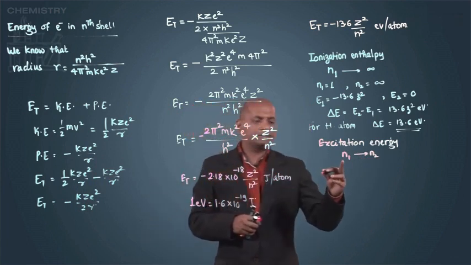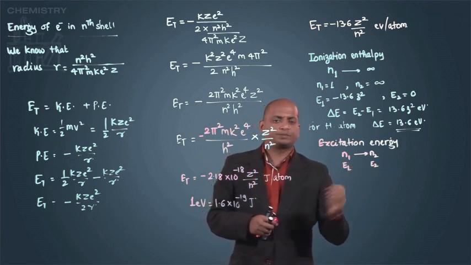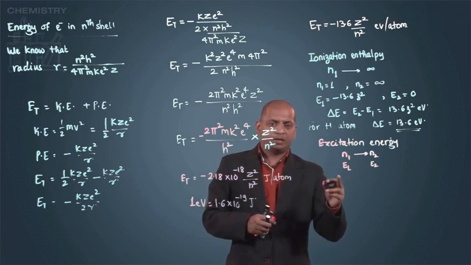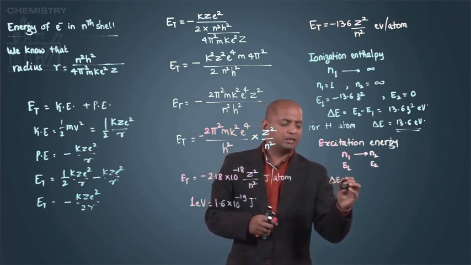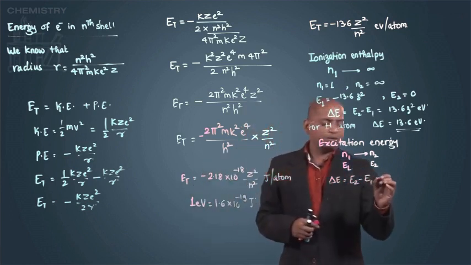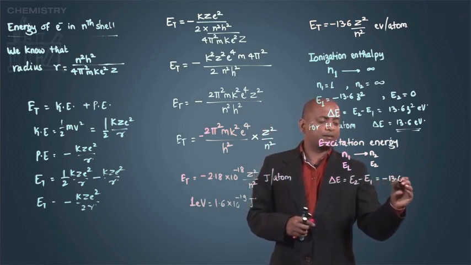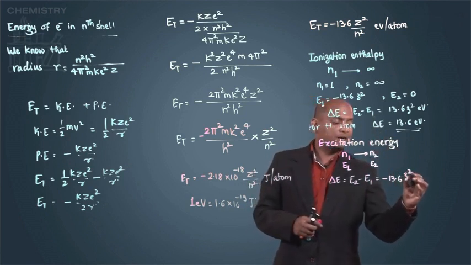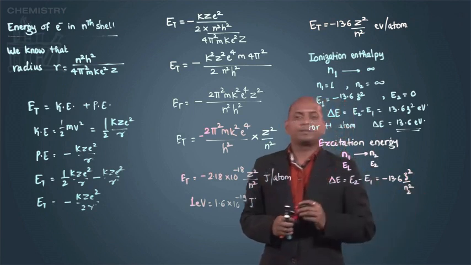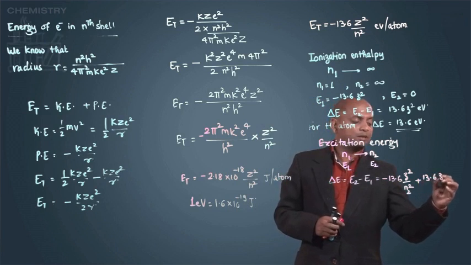Okay. So if I consider this concept, this becomes E1, this becomes E2. Okay. So delta E is equal to E2 minus E1. Substitute the values. Okay. So we have minus 13.6 Z square upon N2 square plus 13.6 Z square upon N1 square.